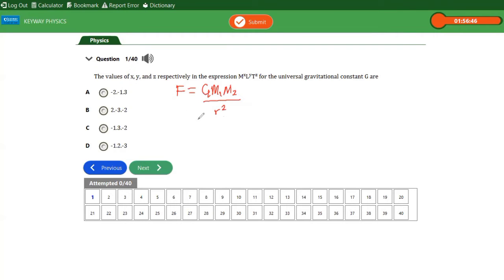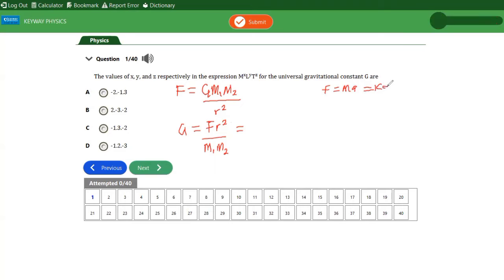So from there, I will make G subject of the formula in terms of the unit of all these parameters. So I have G is equal to, when I cross multiply, F R squared over M1 M2. So in terms of unit, the unit of force is Newton. In terms of derived unit, force is equal to mass times acceleration.